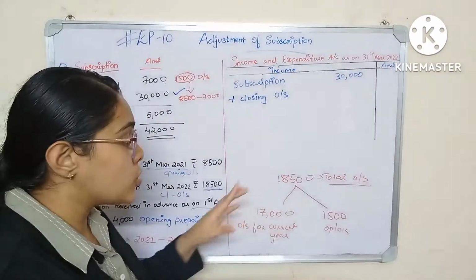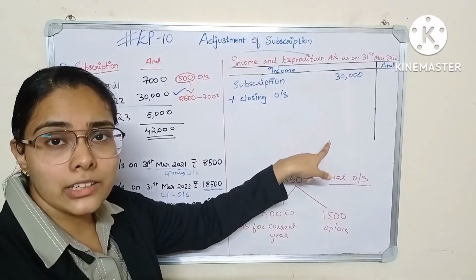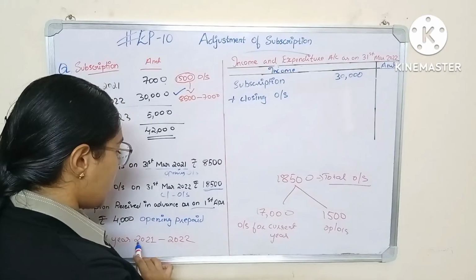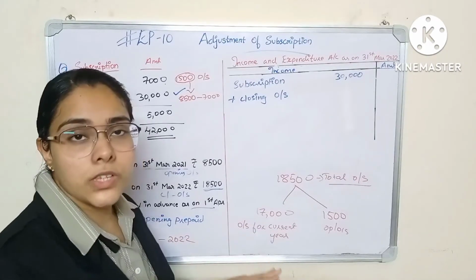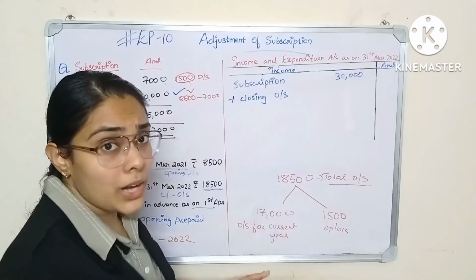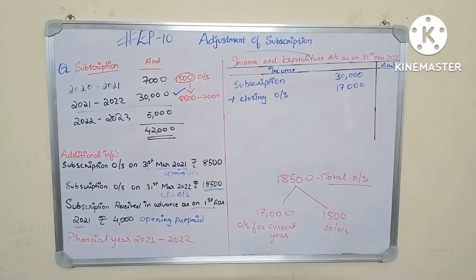Which one will you take? You should be careful. This is the income and expenditure account, so you only need the data relating to the current year, which is 2021-2022. What is the closing outstanding for that year? Only 17,000. So you will add 17,000 here.